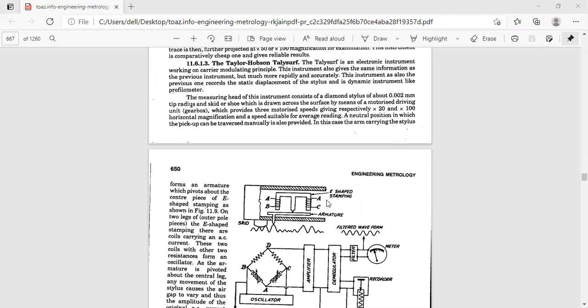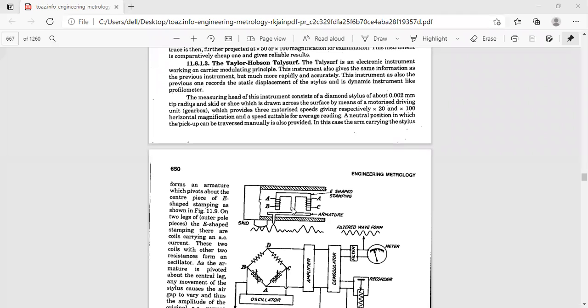This is AB and AC, and we have a central leg here, an E-shaped stamping. The central leg has a slight air gap between the armature and the central leg. The two legs I already told you are also known as outer pole pieces, and they are carrying the coils.